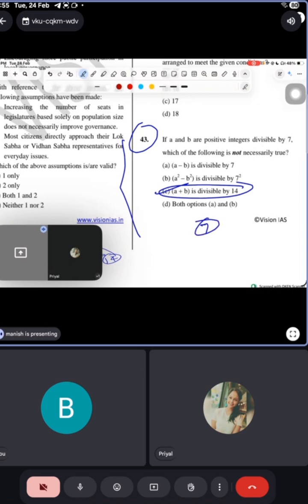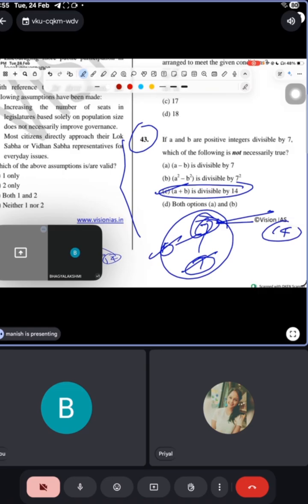And what are the factors of 7? 1 and 7. So whatever number 7 will divide, those numbers will also be divided by 1 and 7. So this is factor. But if I say 14 is a multiple of 7, then whatever number 14 will divide, it does not mean that 7 will also divide that number.